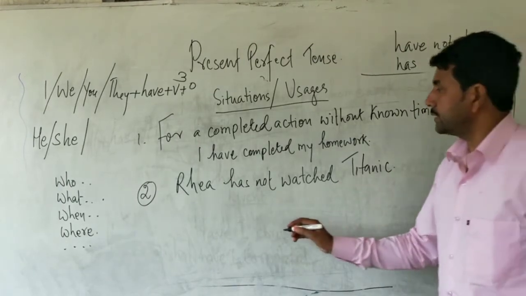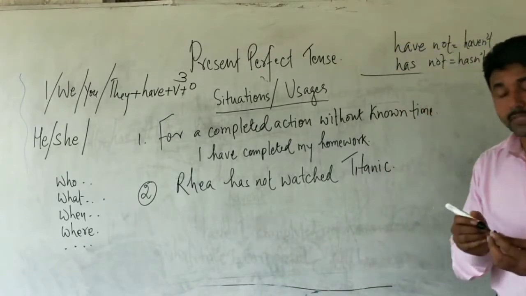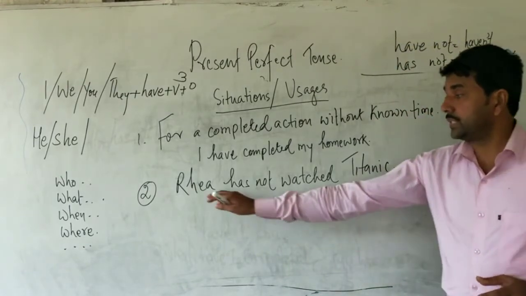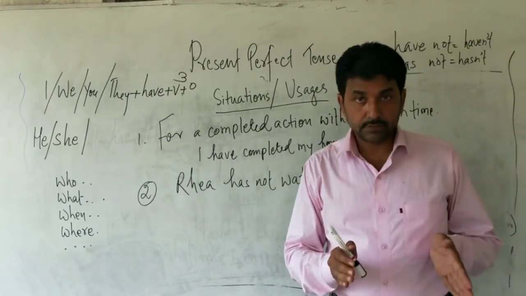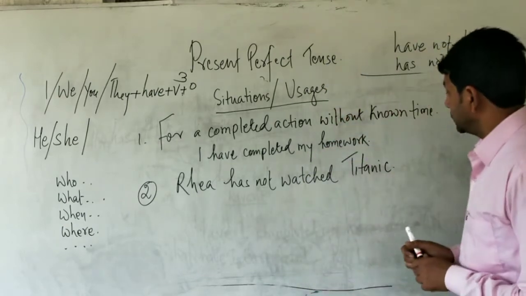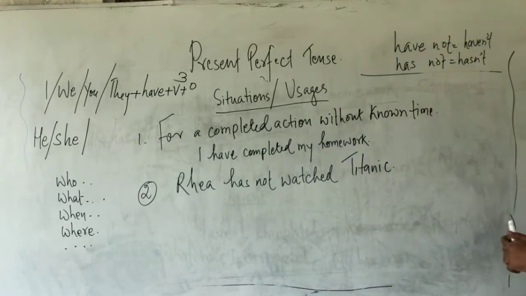So here, in her life until now, Ria has not done this action. We can use present perfect tense.